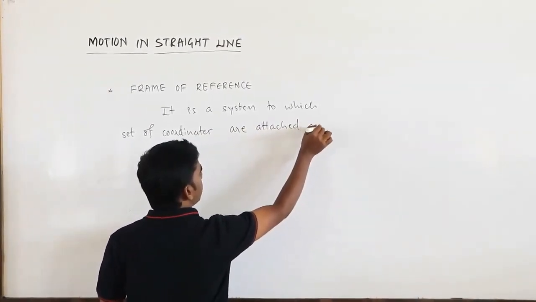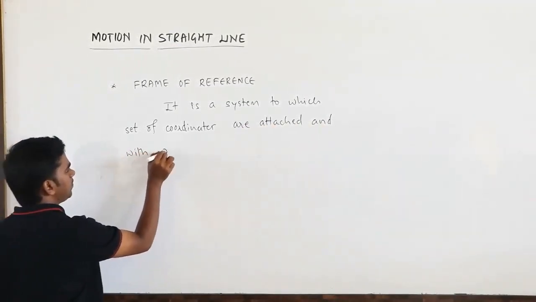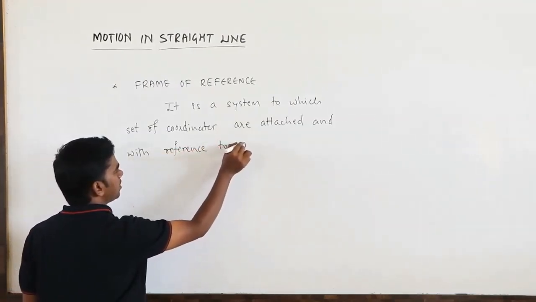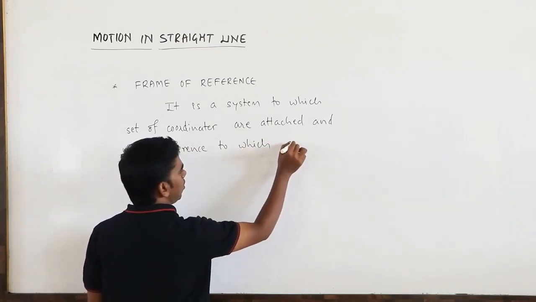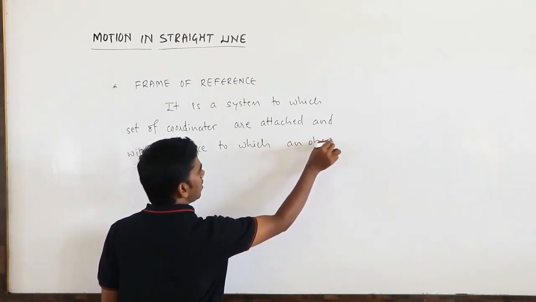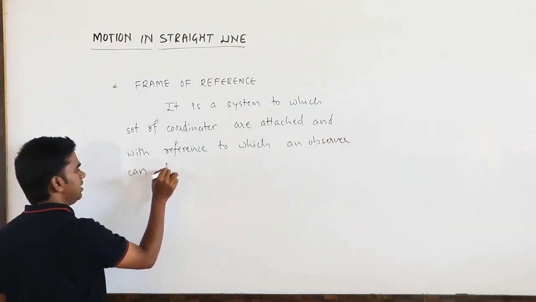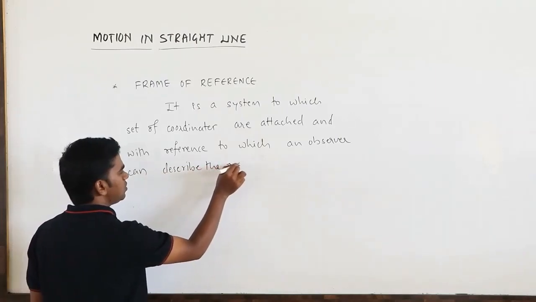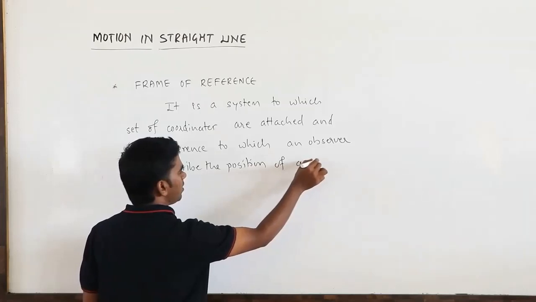and with reference to which an observer can describe the position of an object.